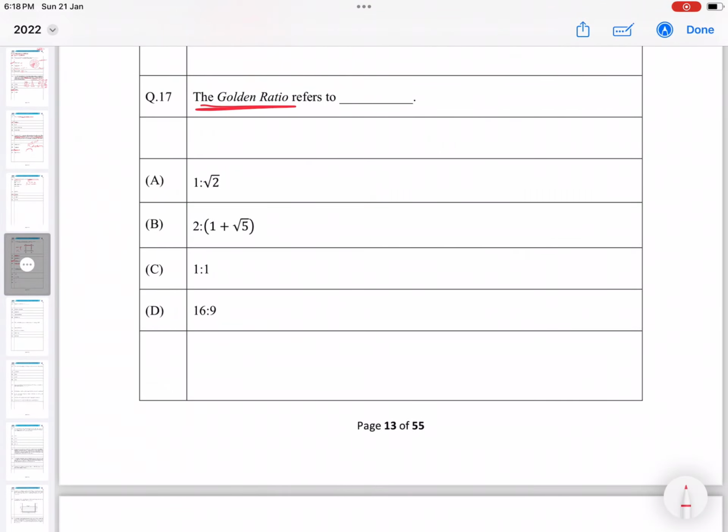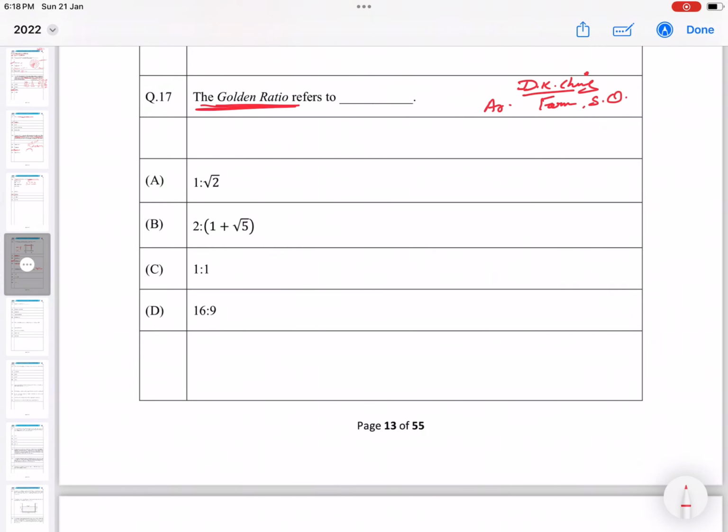Moving on to question number 17, the golden ratio. If you have the chance, read the book by D.K. Ching, it is a very good book, you should read it. D.K. Ching, Form, Space and Order, architectural form, space and order.